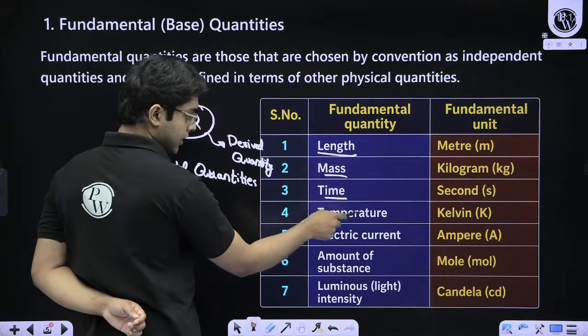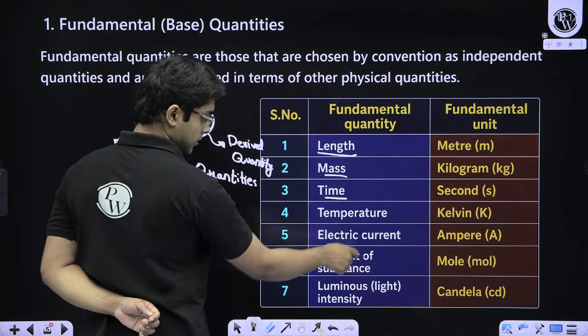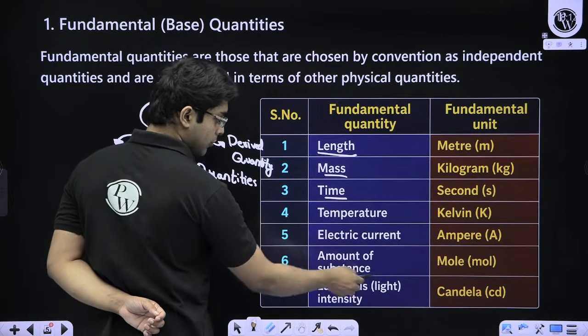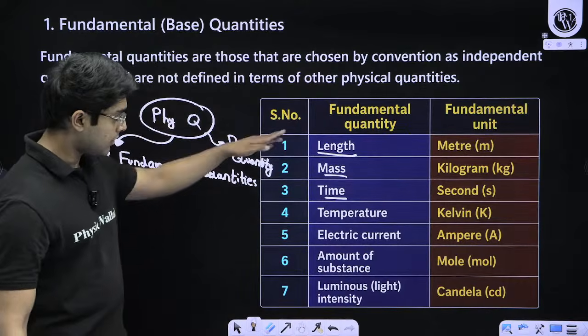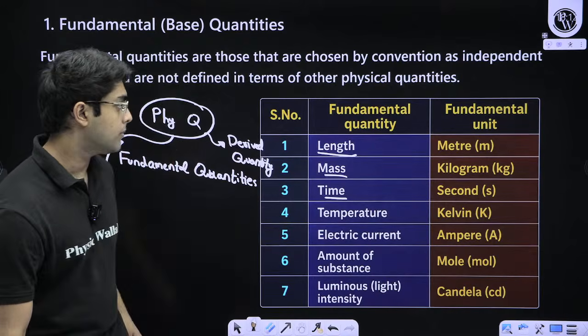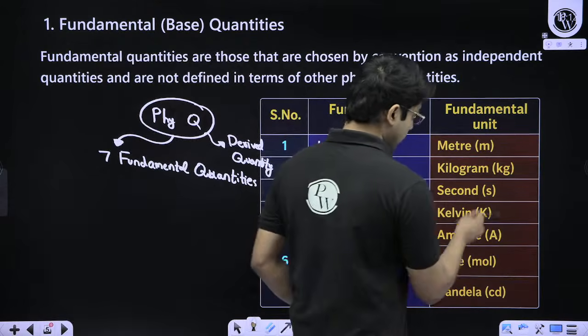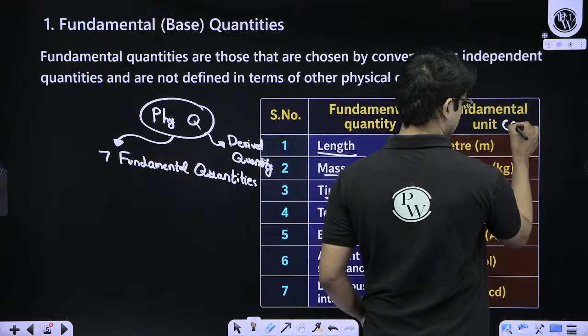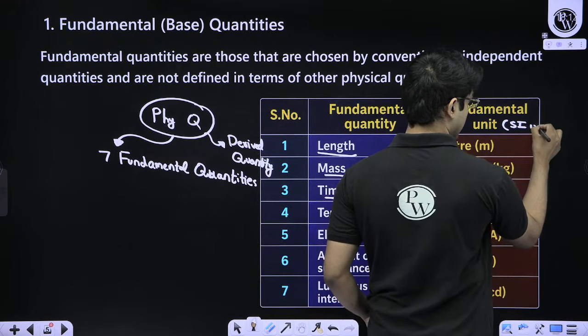Then we have temperature, electric current, amount of substance, okay, and luminous intensity. So these 7 quantities come under the fundamental physical quantities. Okay, and there, this is the SI unit. So this is actually the SI unit for these quantities.